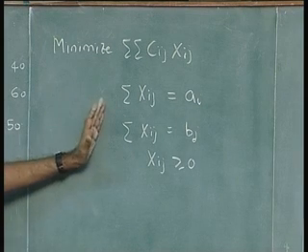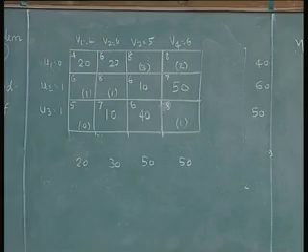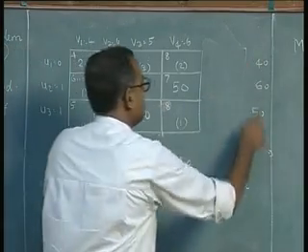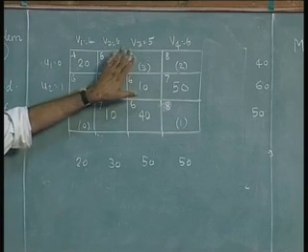This is a linear programming problem, but then in all our problems that we solved, when we had integer values for the supply and the demand points, we always had integer valued solutions.